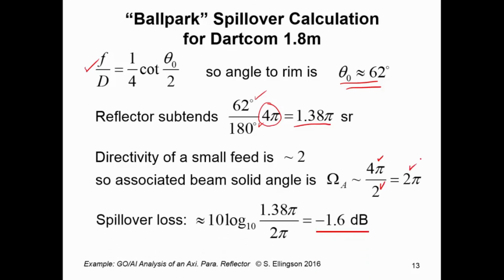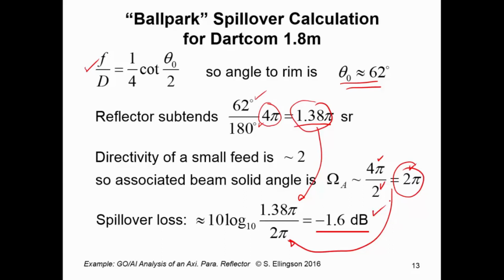So the spillover loss should be the ratio of these two things, 1.38 pi steradians, based on how much of a sphere the reflector subtends, and then the beam solid angle down here. The ratio of those two things should give us an indication of the spillover loss. We get minus 1.6 dB.